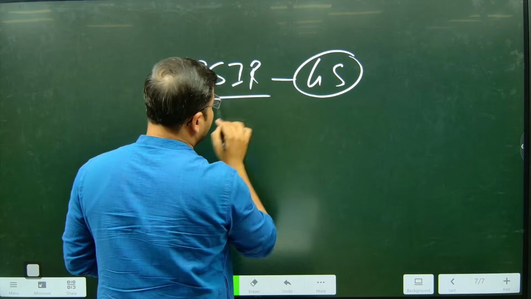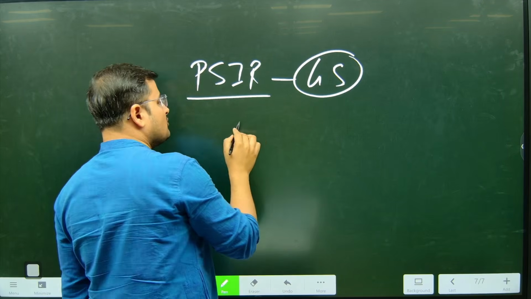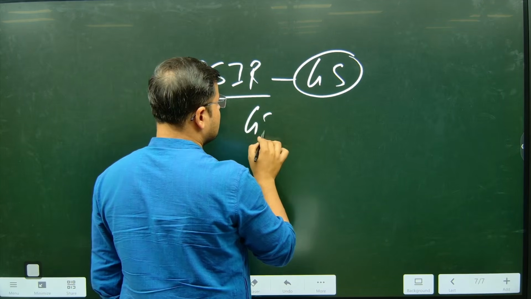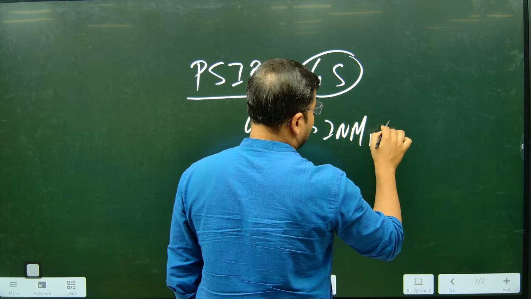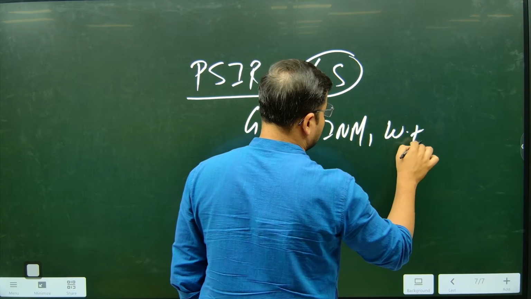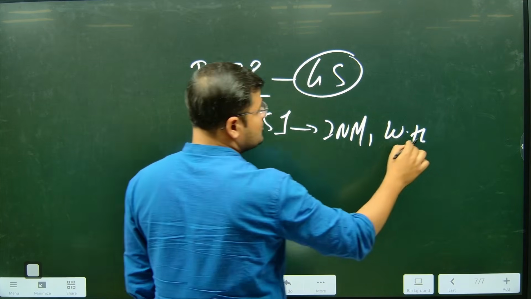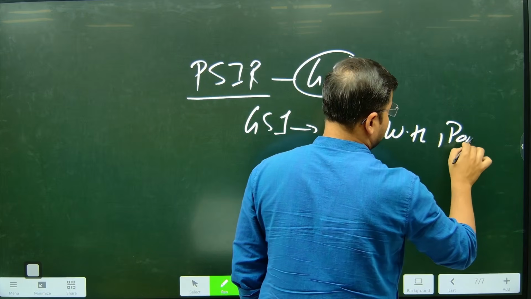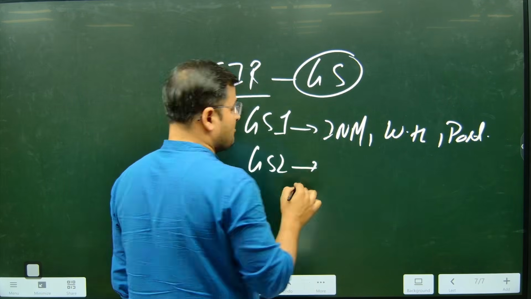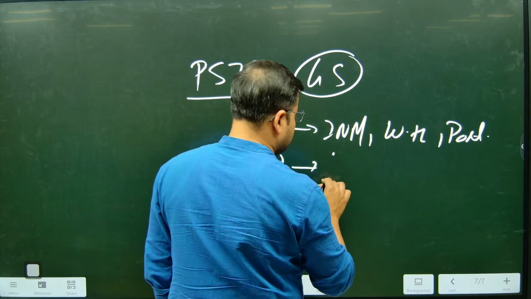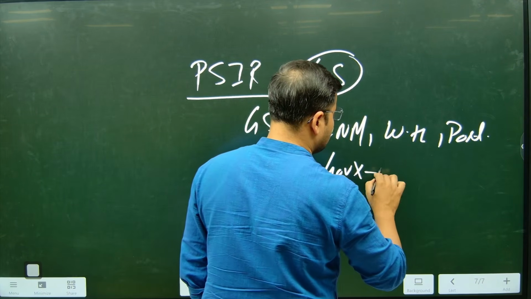Whatever overlap there is, for example, there's an overlap in General Studies Paper 1: Indian national movement, world history, post-independent India. Similarly, in GS2 there's a major overlap, except for the governance part.